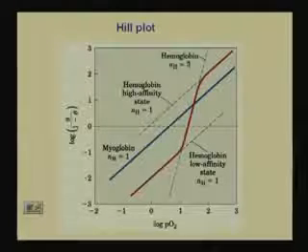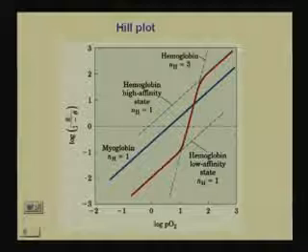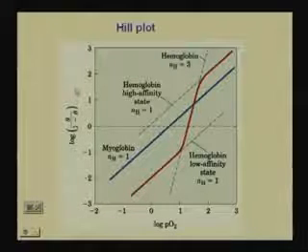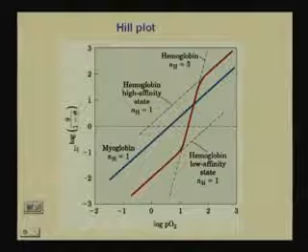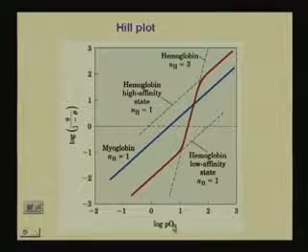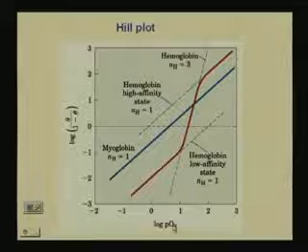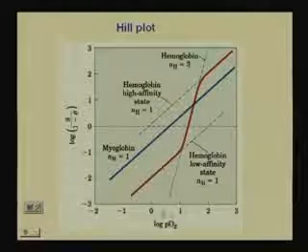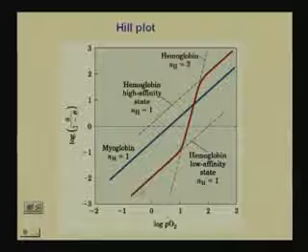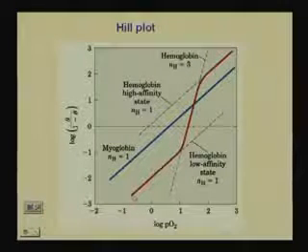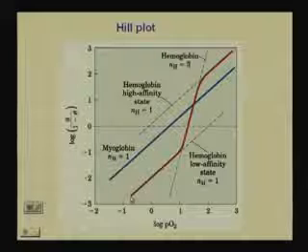Try and understand this. What we are looking at is a Hill plot. What do we have on the y-axis? Log Y by 1 minus Y versus log PO2, which is basically log S. Now, when the pressure of oxygen is low, there is no cooperativity yet.